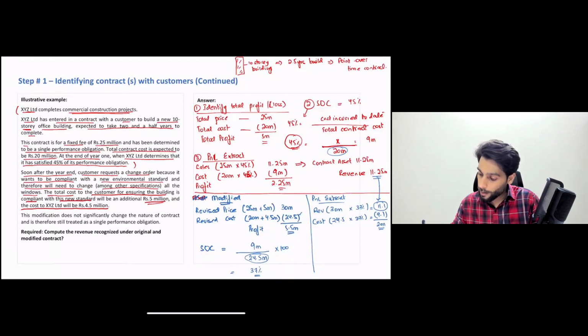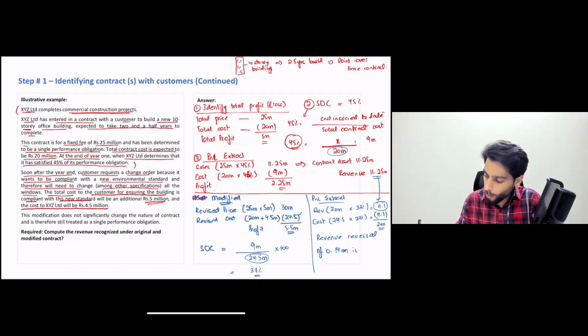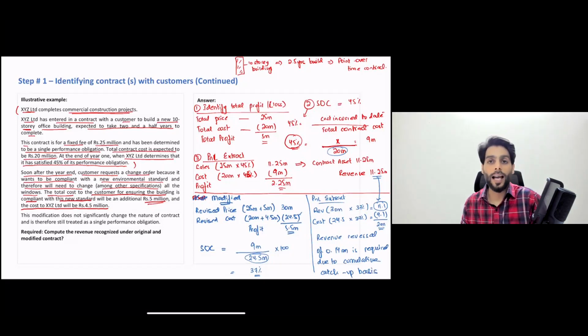That means a revenue reversal of 0.14 million is required due to cumulative catch-up basis. Due to cumulative catch-up basis, a 0.14 million reversal is required in revenue.